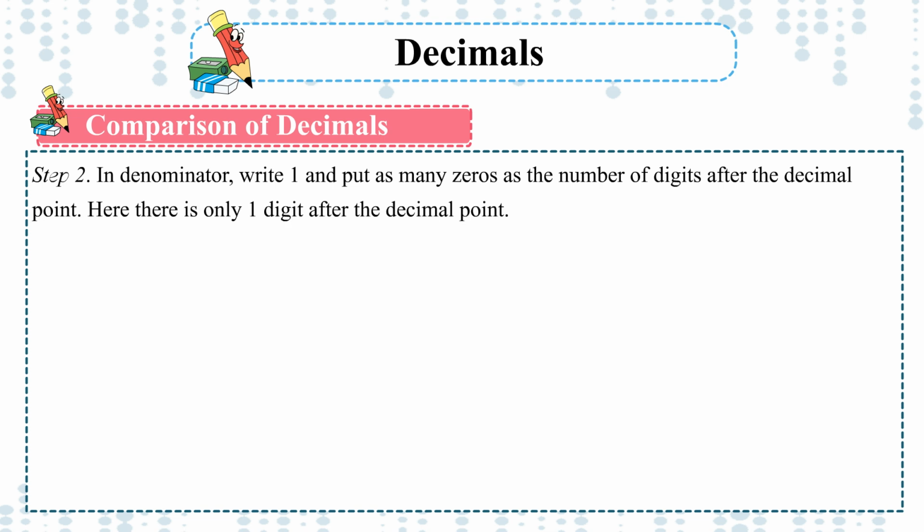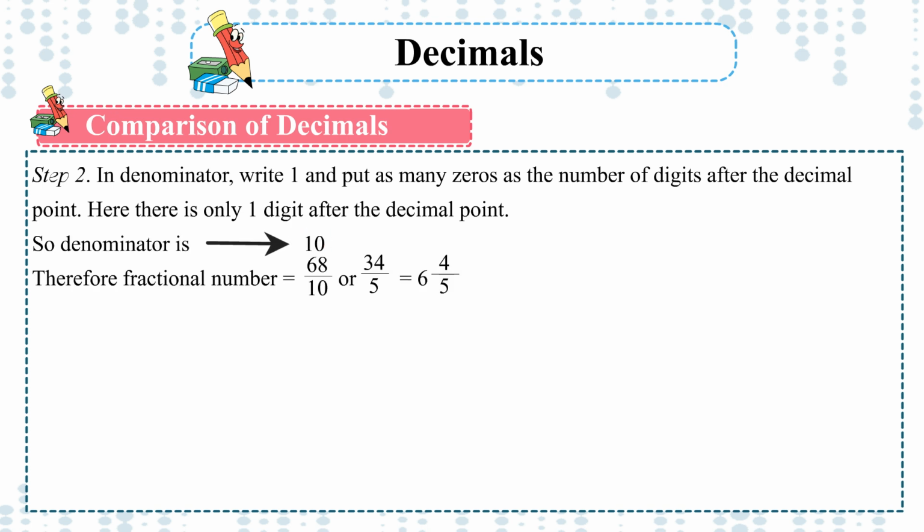Here there is only one digit after the decimal point. So denominator is 10. Therefore fractional number is equal to 68 upon 10, or 34 upon 5, which is equal to 6 4 upon 5.